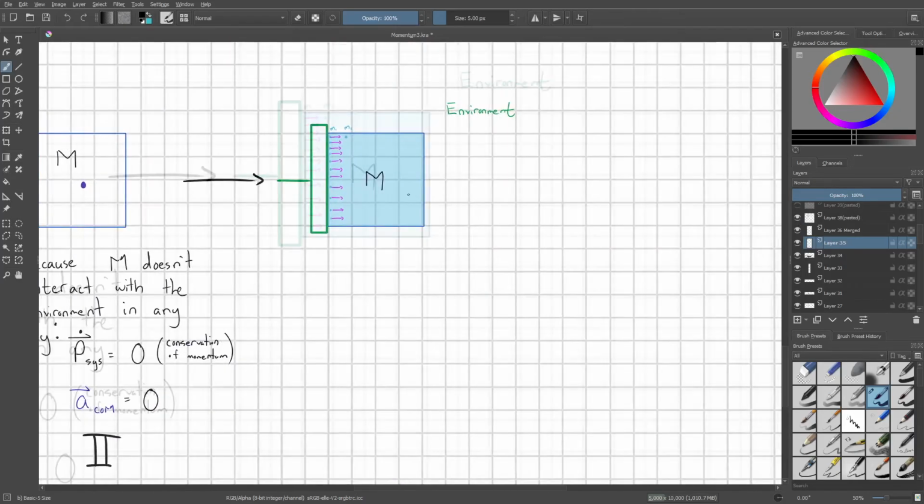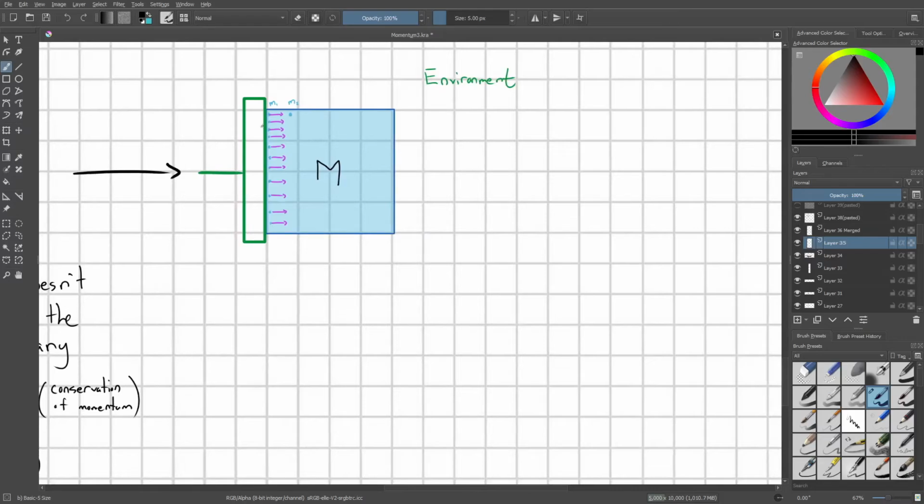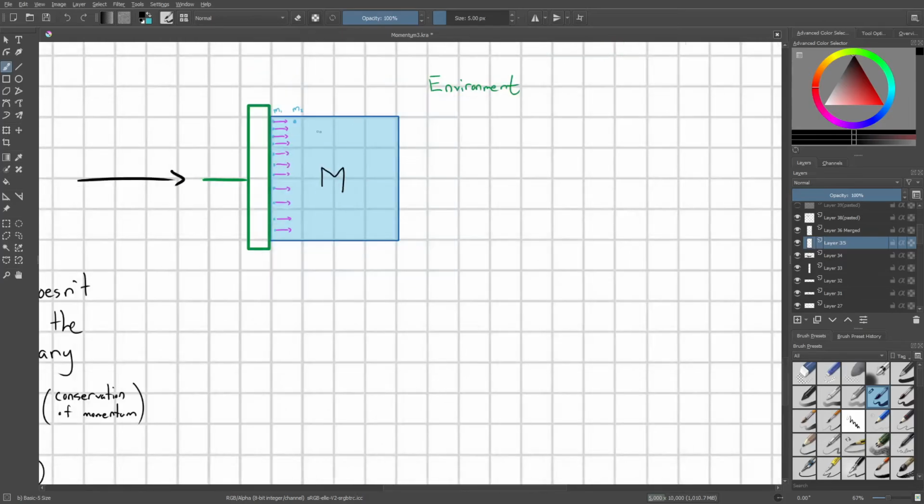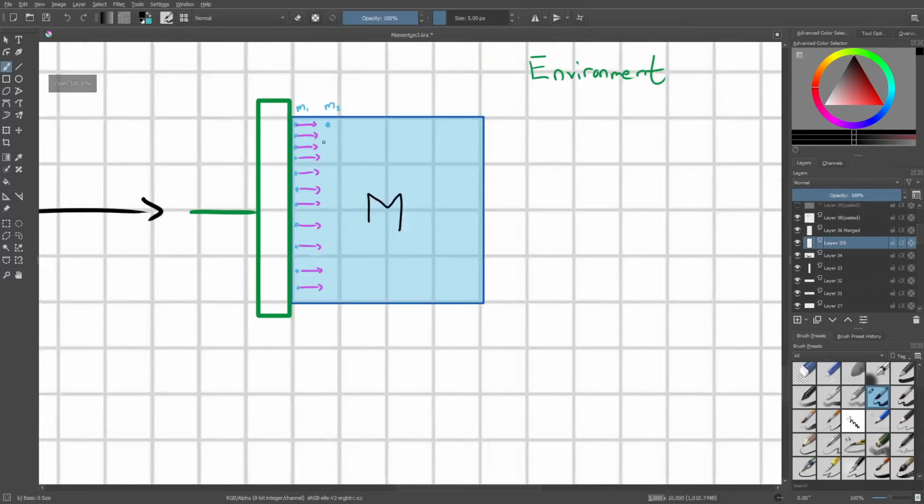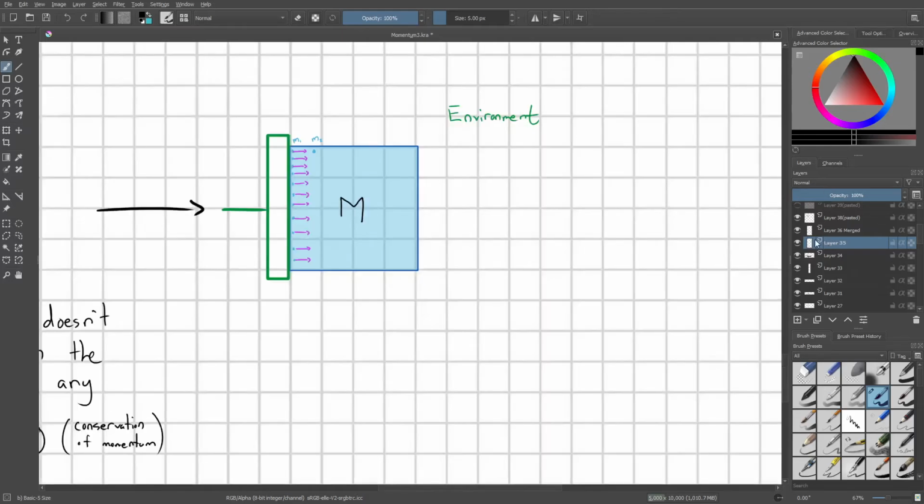And then in this third video, let's imagine that we took a piston and we pushed the block. I made the piston green to show that it's part of my environment. The system is just my block, right? We know that the piston only technically acts at the exact point of contact. So only these local particles on the left here are going to be exposed to that contact force.